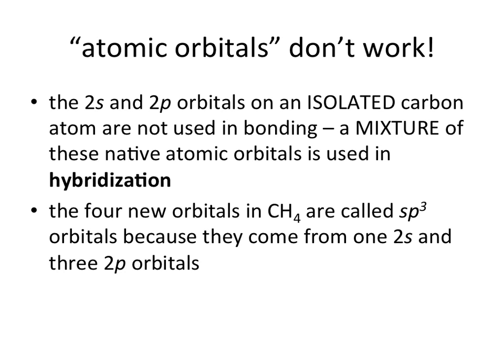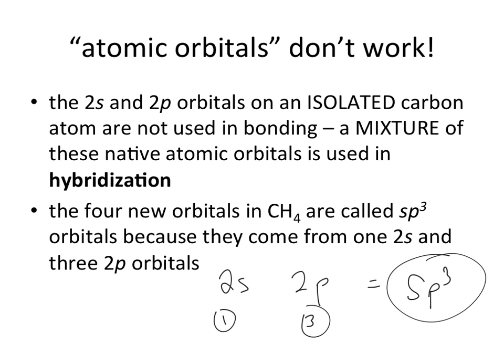So in this mixing process, instead of having a 2s orbital and three 2p orbitals, what we end up with is four new orbitals called sp3 orbitals. And these sp3 orbitals are a mixture or a hybridized form of the 2s and 2p orbitals that exist on that carbon atom.